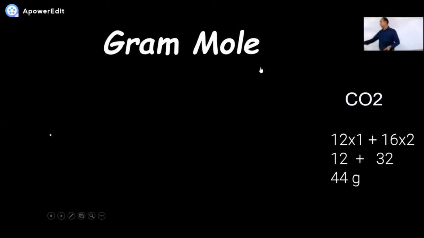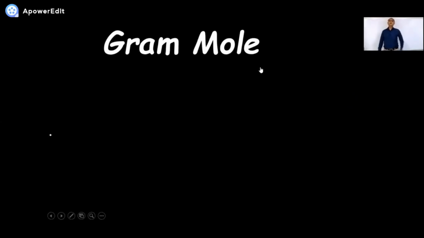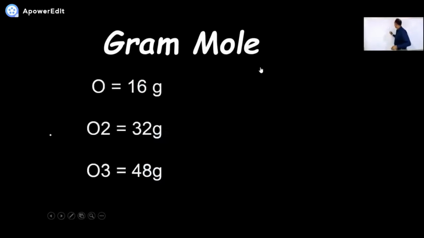So see another example on your screen. O is the symbol of oxygen. What is the difference in these three? O, O2, O3. This is oxygen atom.